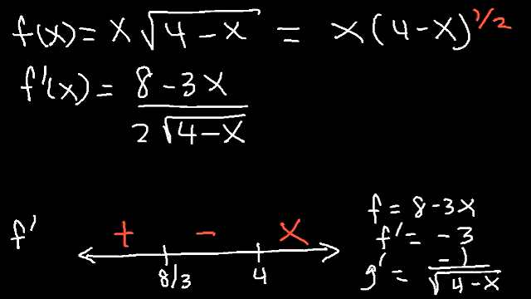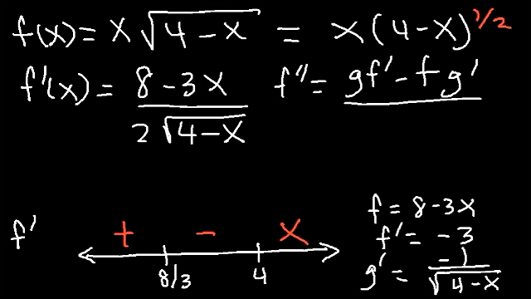Now the formula for the second derivative is going to be g f prime minus f g prime over g squared.